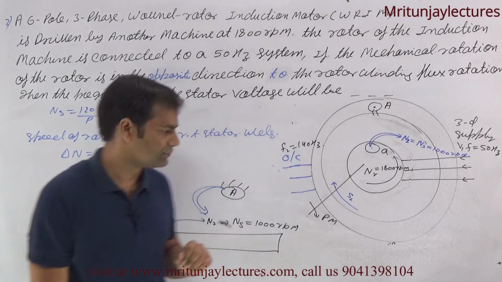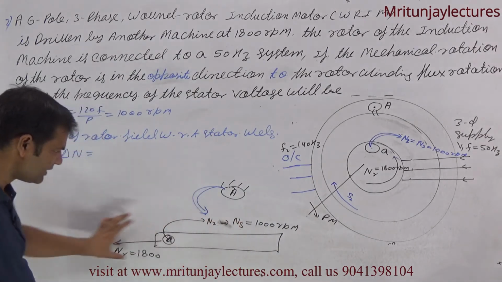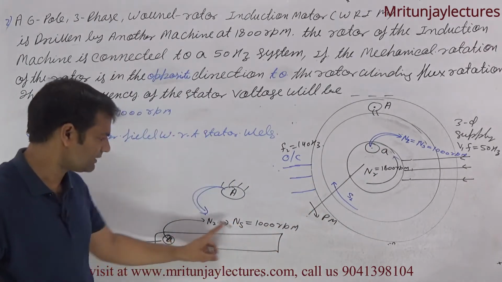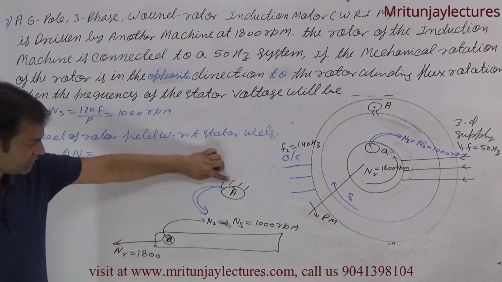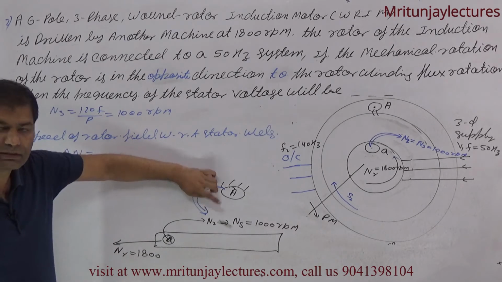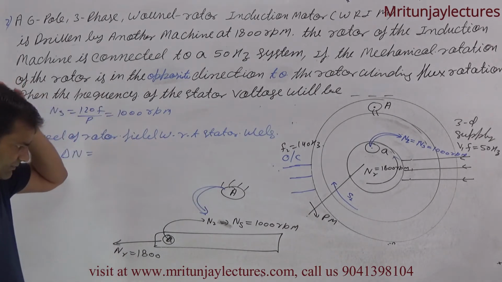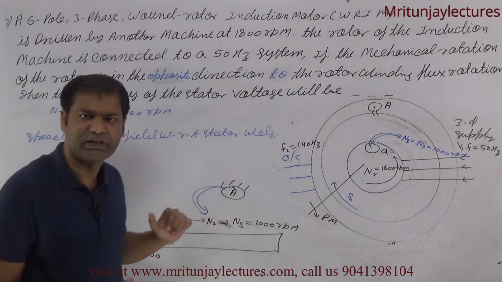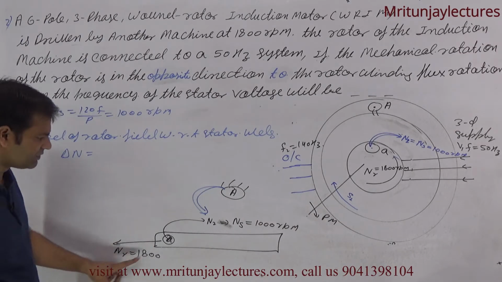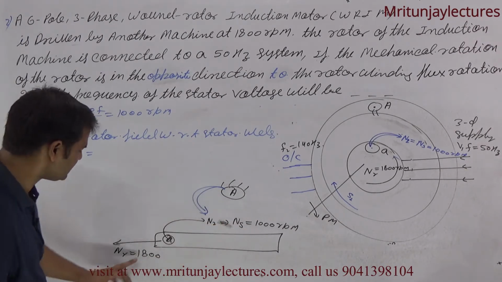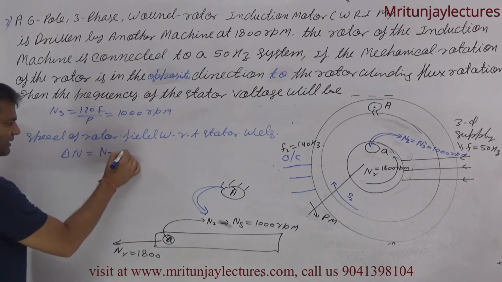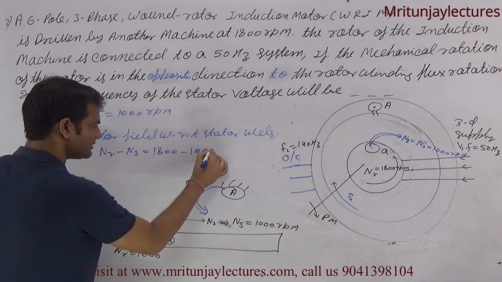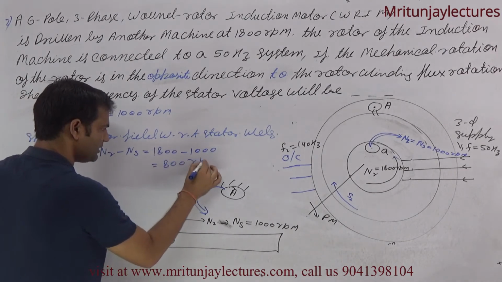Clear? So suppose a train is moving like this one, and a boy is running on the train in the opposite direction. Look at the boy's speed with respect to the platform, or you can say the stator winding. Clear? So this one minus this one, because this one is in the opposite direction and this one is positive, so nr minus ns equals 1800 minus 1000, that is 800 rpm. Clear?